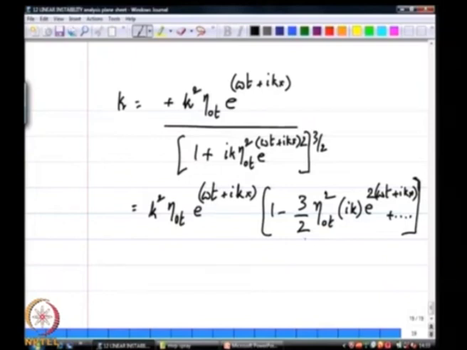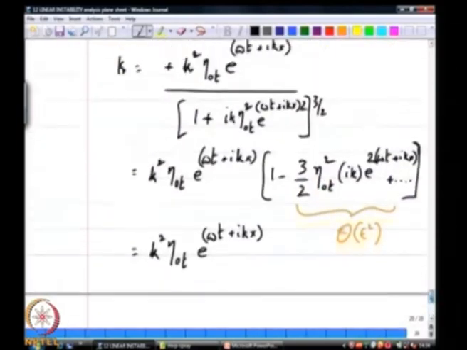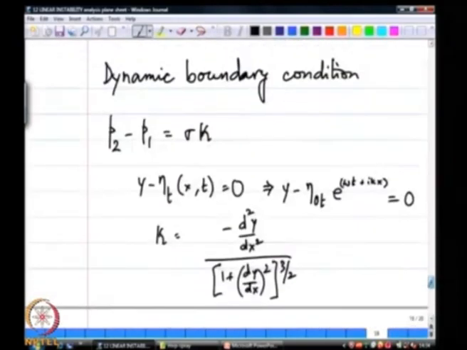I can clearly see that the minus 3 halves term here is order epsilon squared. So, this simply becomes, so this is the formula for the curvature.